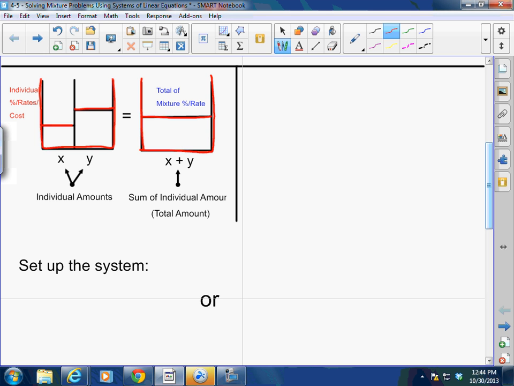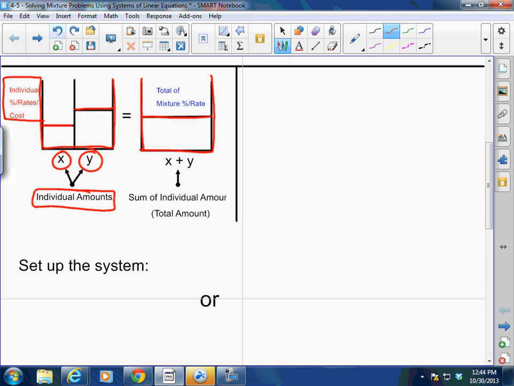Now, what is this made up of? Here on the outsides, you have the individual percents or rates or costs. Here, down here, are the individual amounts. You're going to have two different amounts that you're working with because we're working with systems of equations.